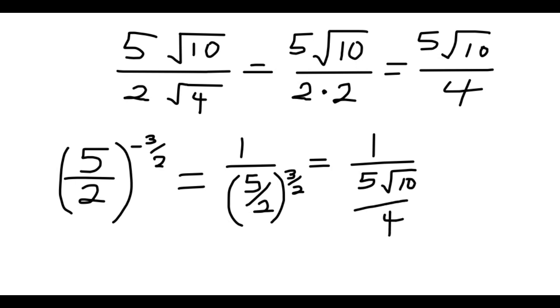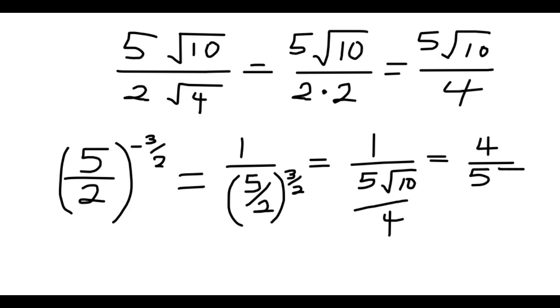So the inverse of this can be written as 4 over 5 square root of 10. The inverse flips up the denominator and flips down the numerator.